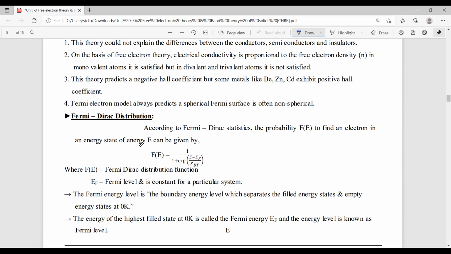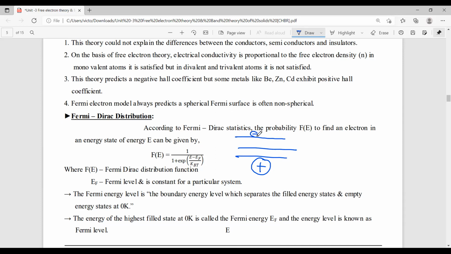Then what is the Fermi-Dirac distribution function? It gives the information, or it explains the chance of finding electrons in an energy state for a given energy. For example, we have a positive ion, that means the nucleus, and there are energy levels.